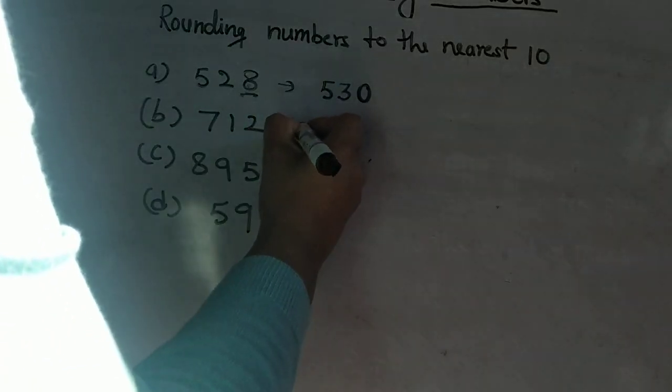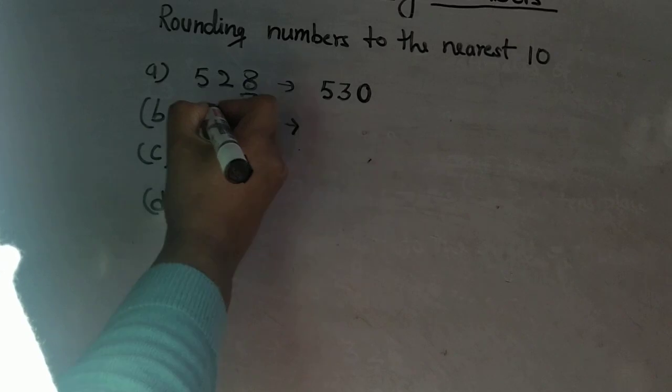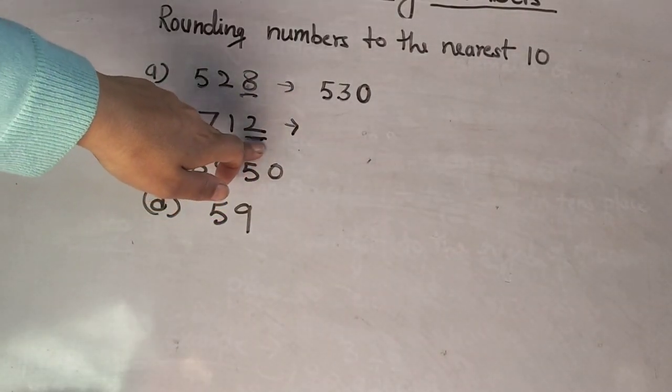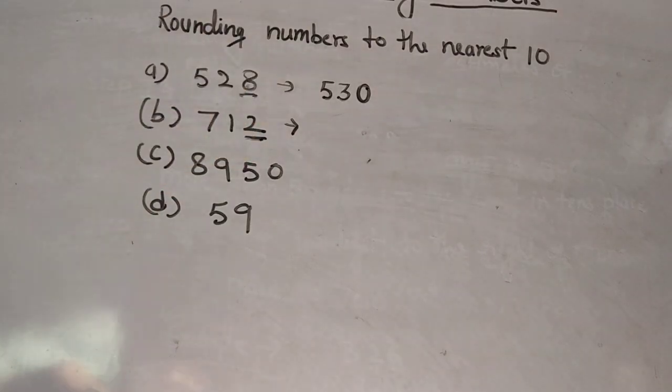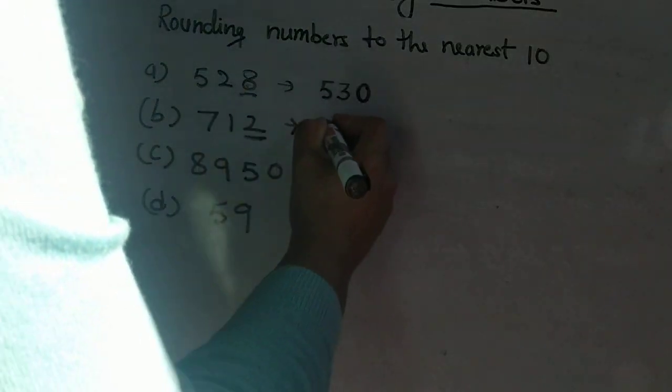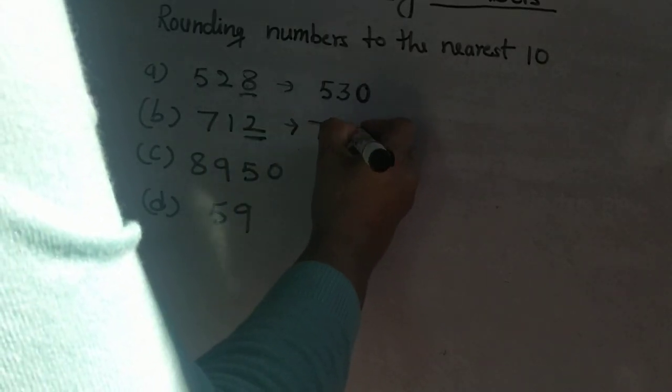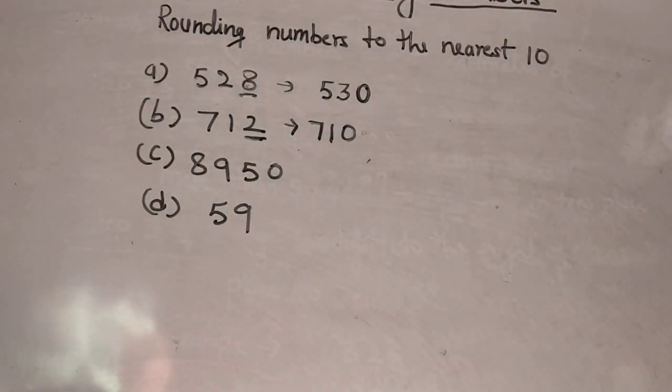Like this, the second example, right to the tens place, this is ones place, it is smaller than 5. So we will not change the tens place, it will remain as it is. Answer will be 710.